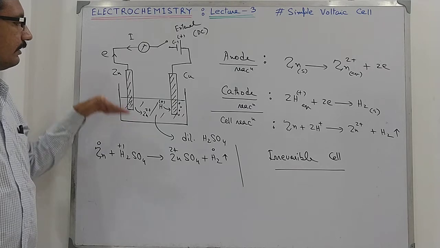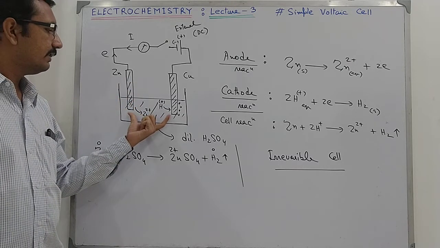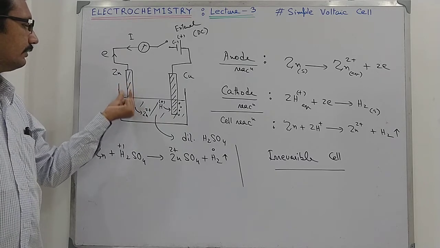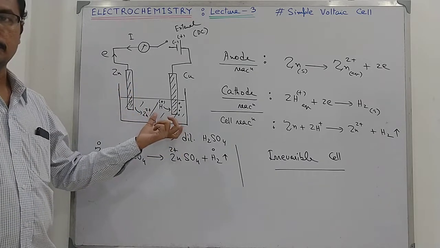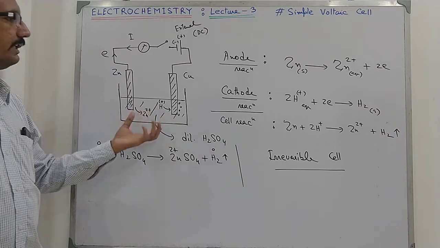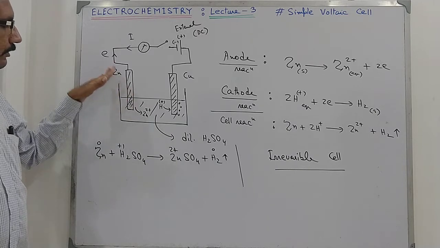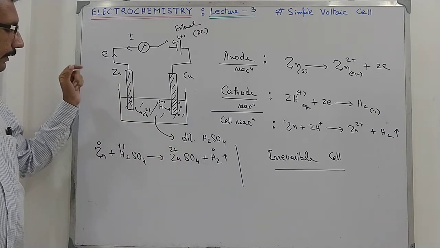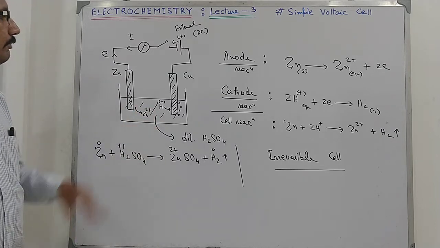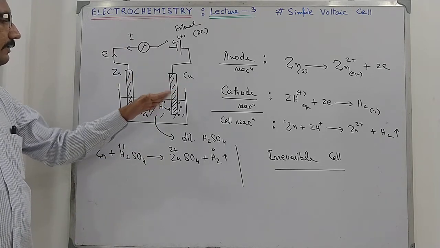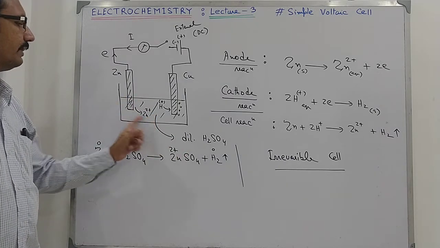So it will destroy itself. The reaction will come to an end when either zinc or dilute H2SO4 becomes a limiting reagent. So you see, it has a severe limitation: you cannot control it, you cannot have the entire chemical energy converted into electrical energy, since the spontaneous reaction continues whenever there is contact.